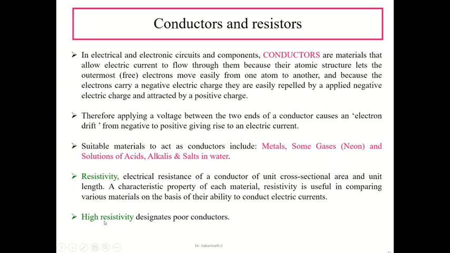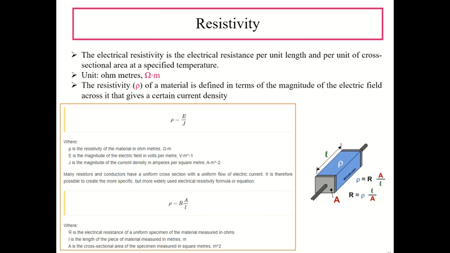A high resistivity designates poor conductors, or a material with very poor conductivity.